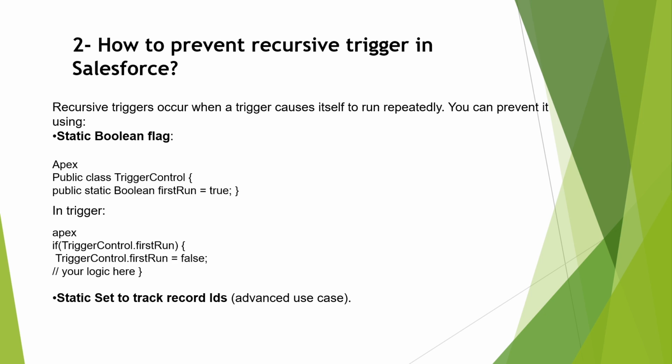And if TriggerControl.firstRun is false, run your logic here. We can use this statement to stop the recursive trigger. Using a static set to track record IDs is an advanced use case.